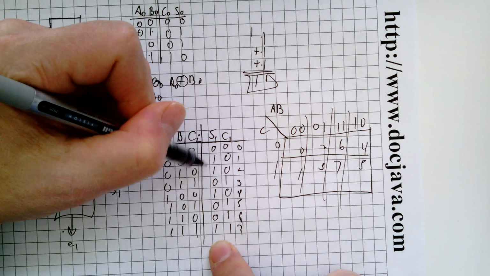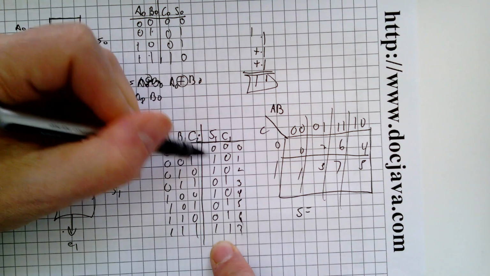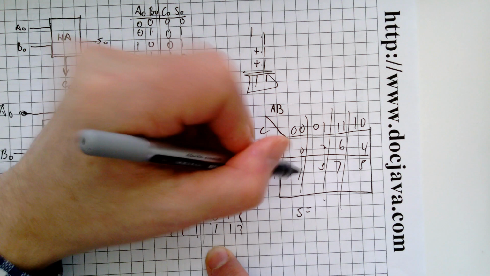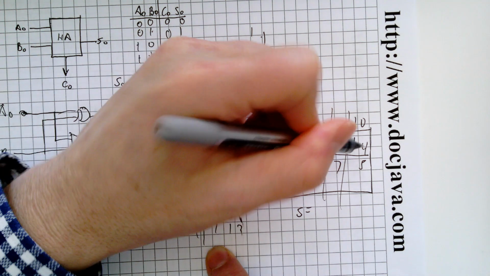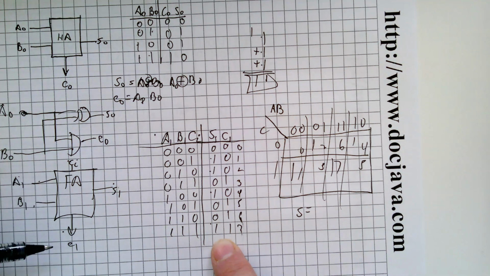And then the summation variable, s, would be equal to 1, 2, 4, and 7. And now it looks like it's going to be all exclusive OR.